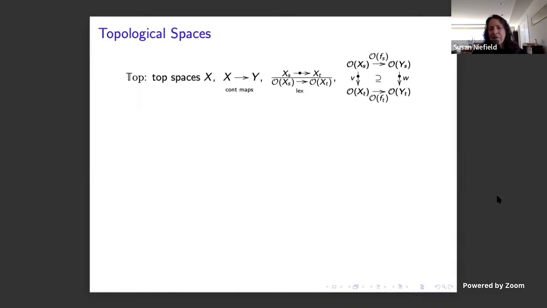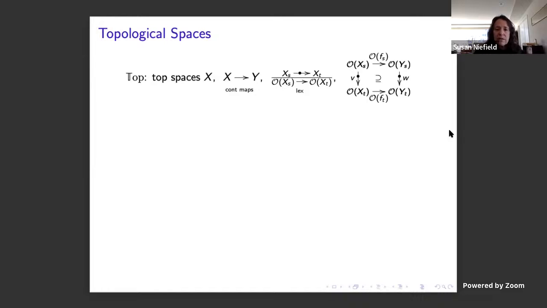So if you have a map F sub S from X sub S to Y sub S, the inverse image goes in the other direction. That's why it's called inverse image. So I'm going to read this the other way: W followed by F sub T inverse is contained in F sub S inverse followed by V. Okay. And that's just what you need to glue things together, an open and a closed, to get a space.